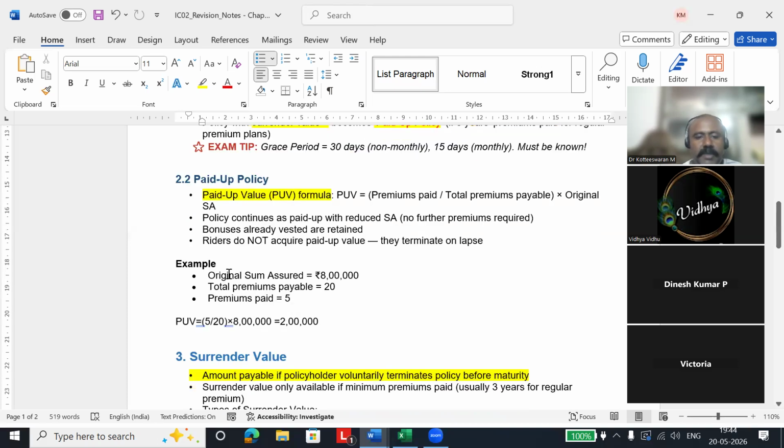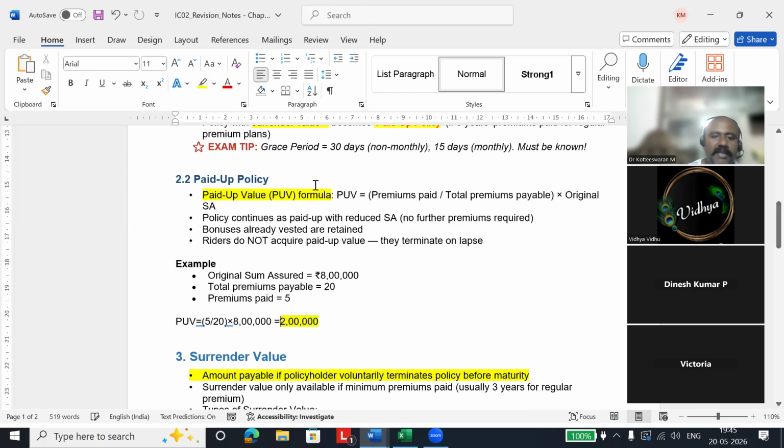So for example, if the original sum assured is 8 lakhs, total premium payable is 20 premiums. You need to pay 20 premiums. So now you have paid only 5 premiums. How they will calculate is 5 divided by 20 into 8 lakhs. So 5 divided by 20 into 8 lakhs is equal to 2 lakhs.